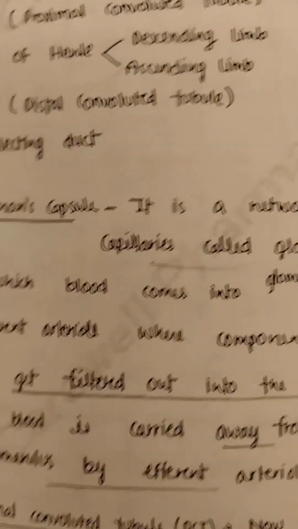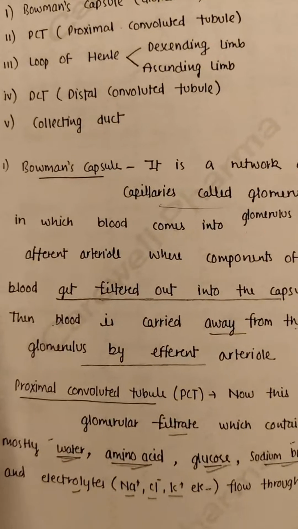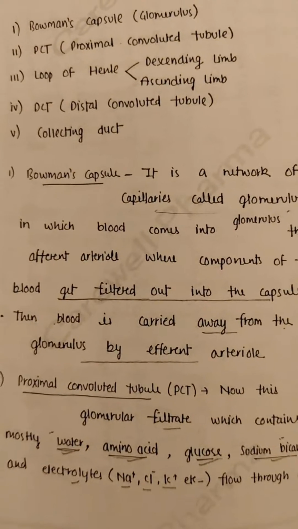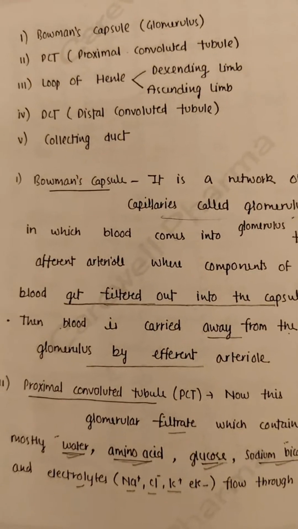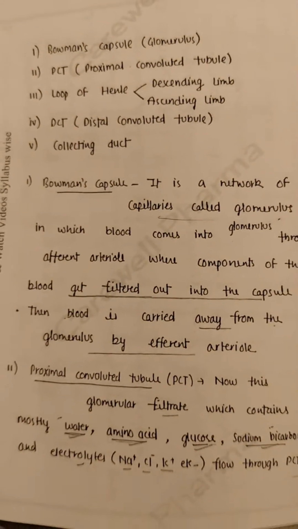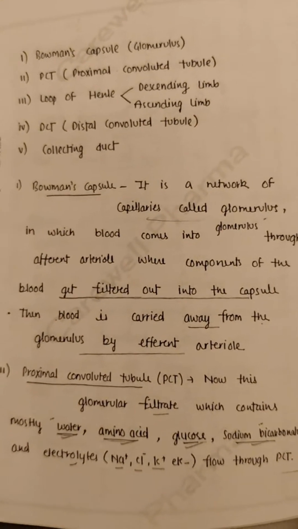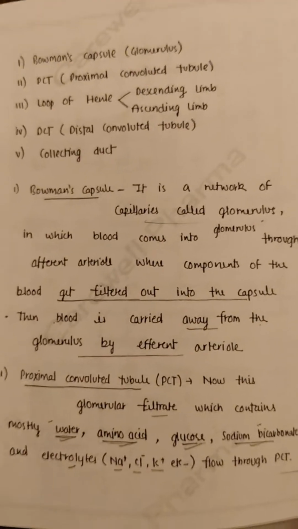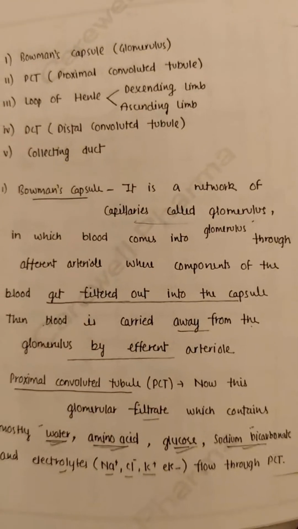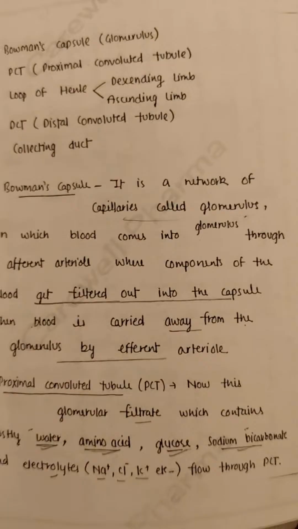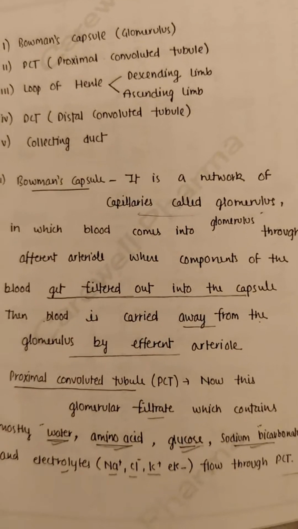Here the Bowman capsule capillaries are used for the filtration purpose. The proximal convoluted tubule is used for reabsorption, which controls the water, amino acid, glucose and sodium bicarbonate.